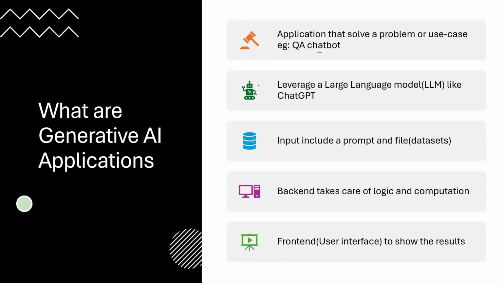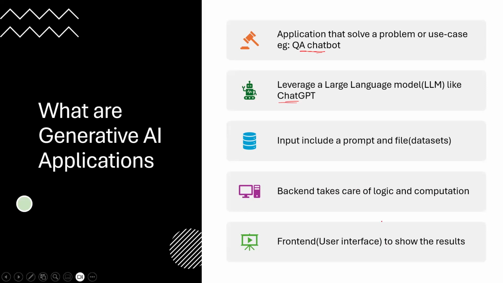One of the basic uses of generative AI is answering questions, like leveraging ChatGPT, where we include the prompt and files. The backend takes care of the logic and computation, and the front end shows the results.